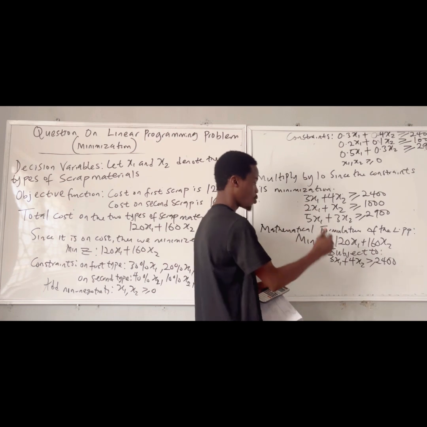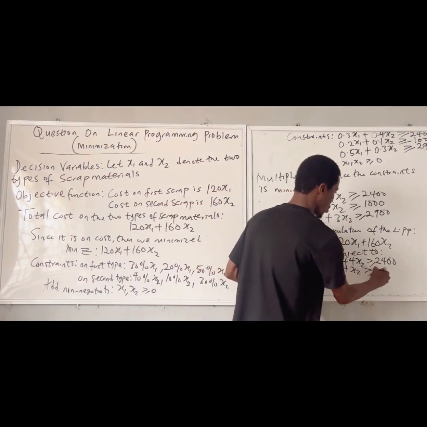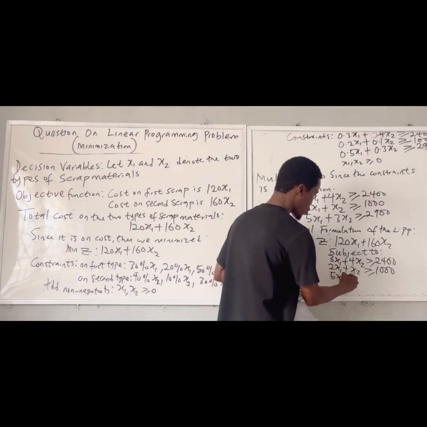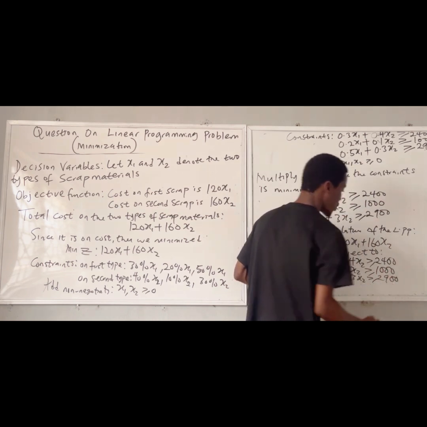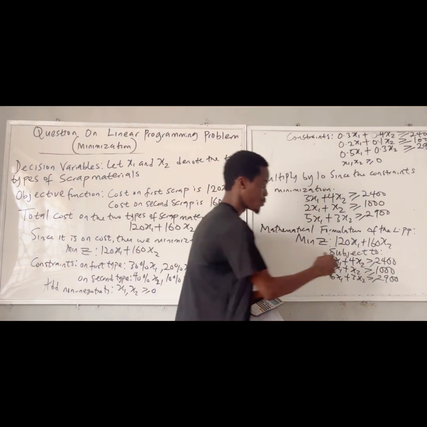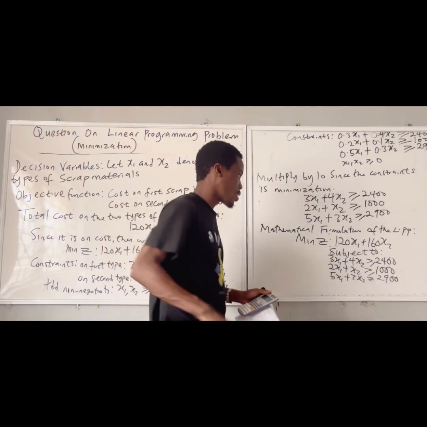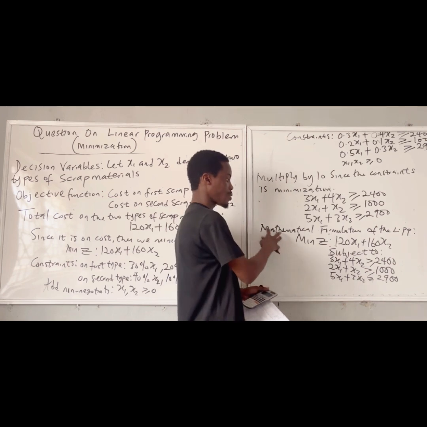On my second constraint, 2x1 plus x2 greater than or equal to 1000. On my last constraint, 5x1 plus 3x2 greater than or equal to 2900. These are my constraints and my objective function.